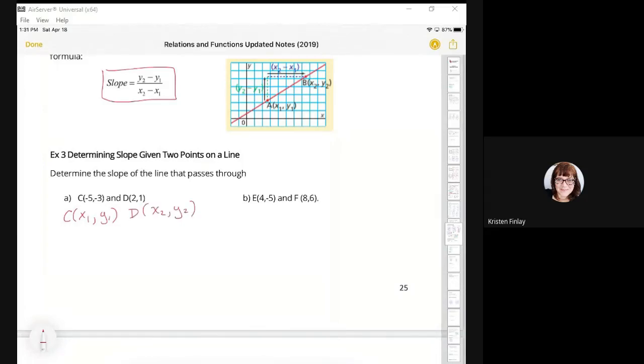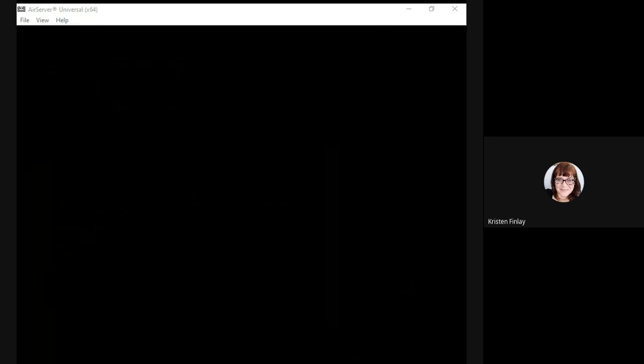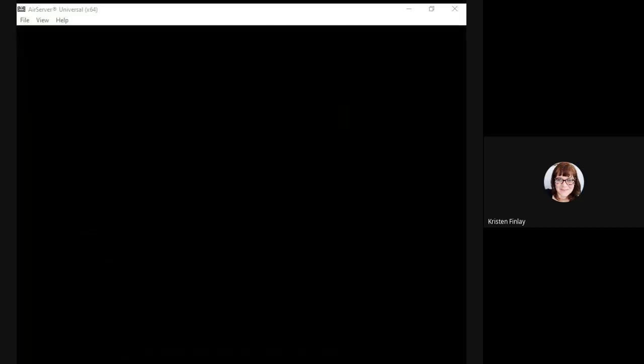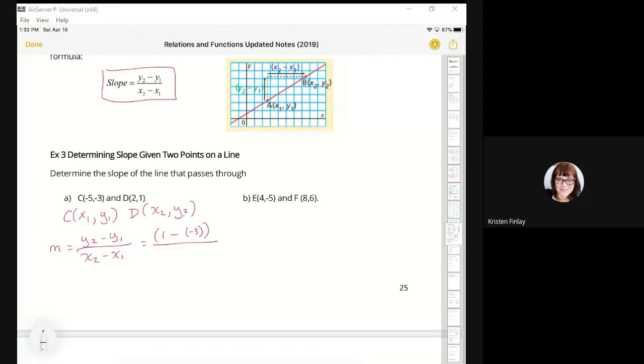So we're just going to take this formula for slope. Slope is m, which is y2 minus y1 over x2 minus x1. And we're going to substitute in. So from this, y2 is equal to 1, and y1 is equal to -3, and x2 is equal to 2, and x1 is equal to -5.